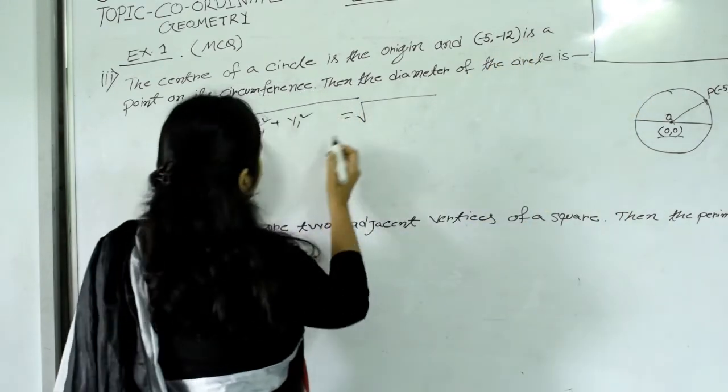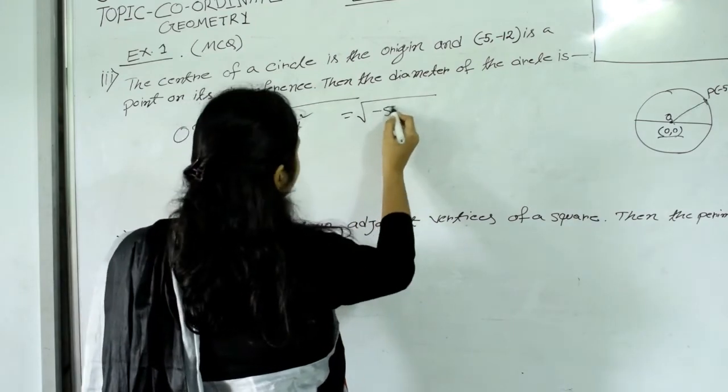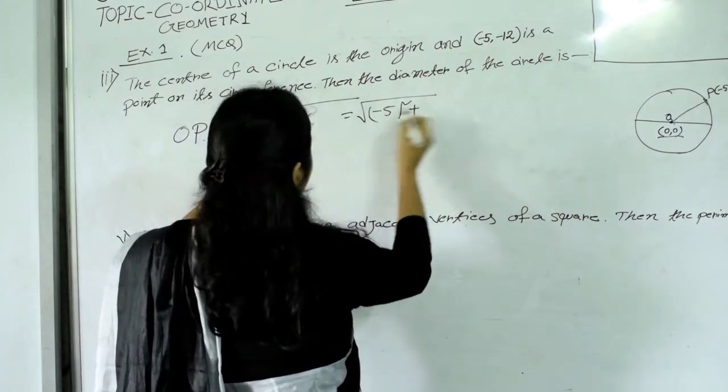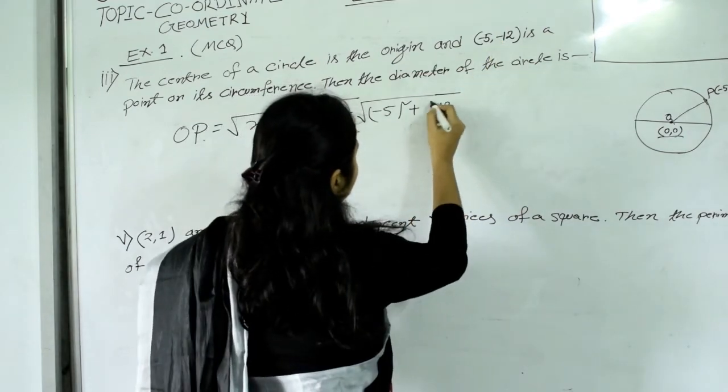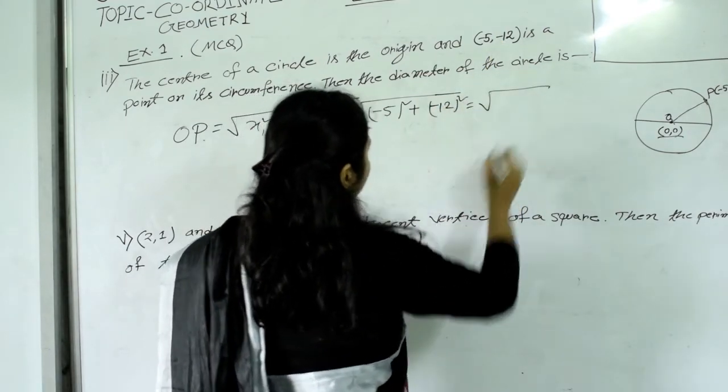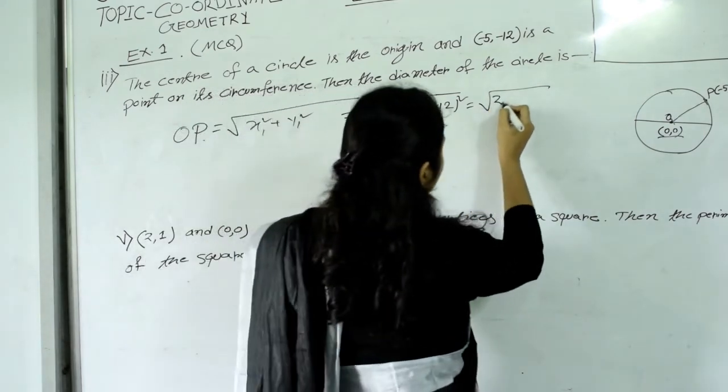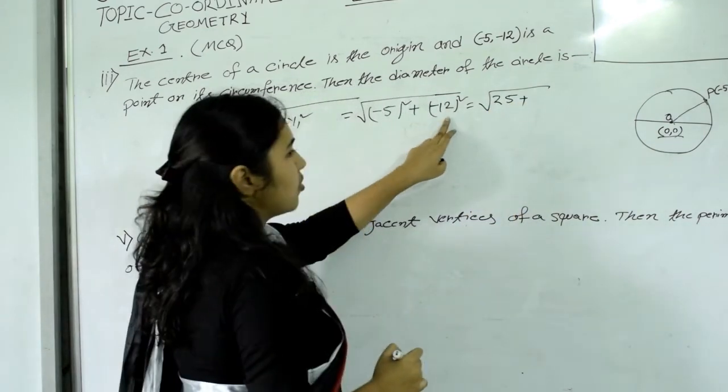Okay? So put here minus 5 square plus minus 12 square, which is equal to 25 plus 144.